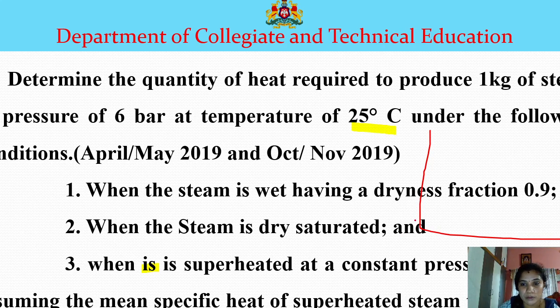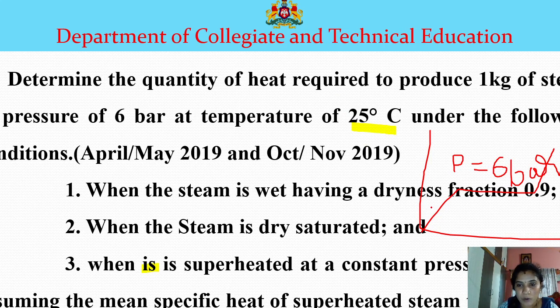They want to find out the enthalpy required to produce steam. The pressure is constant, so P in this case is 6 bar. For 6 bar pressure, we need to find out the quantity of heat required.